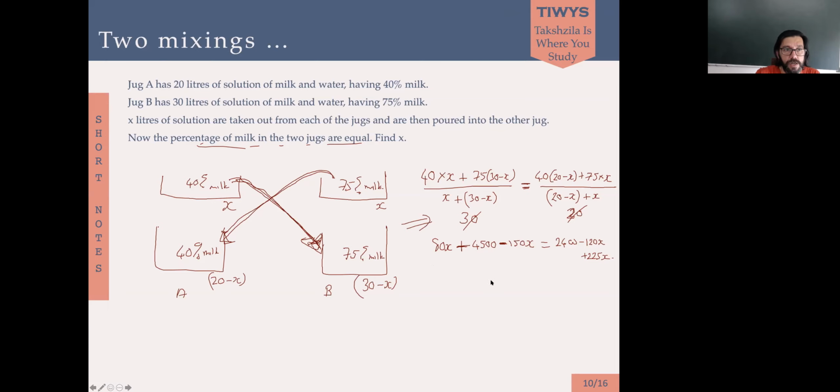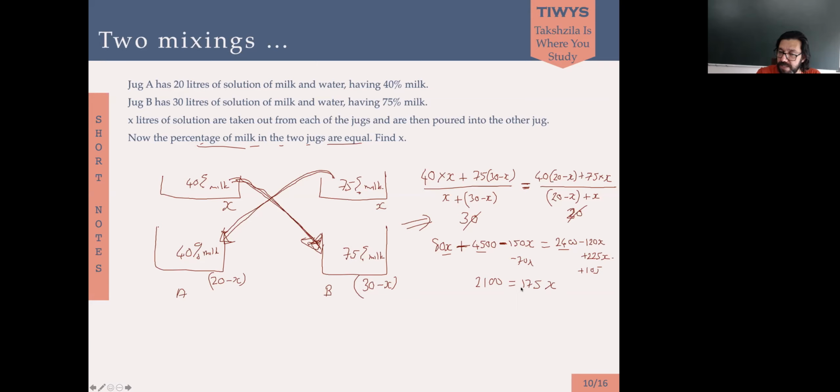Okay Aman, so this is 4,500 and 2,400, so the leftover will be what? 20 would make it 21, 2,100. This is going to be a minus 70, and here a plus 105, so that will become 175x.